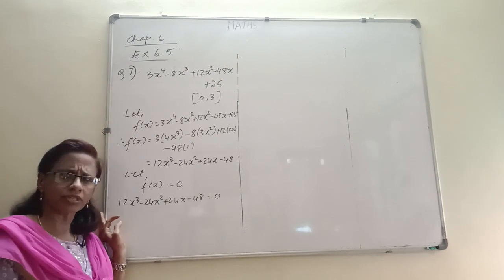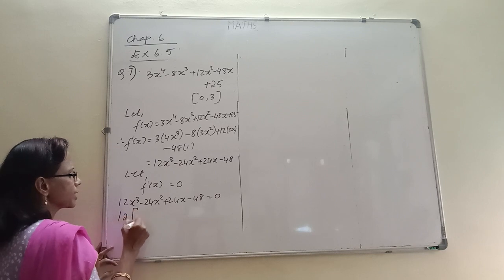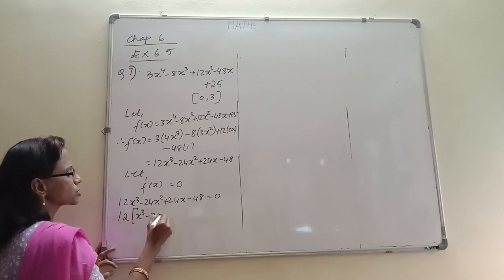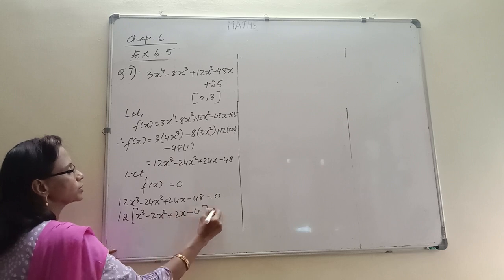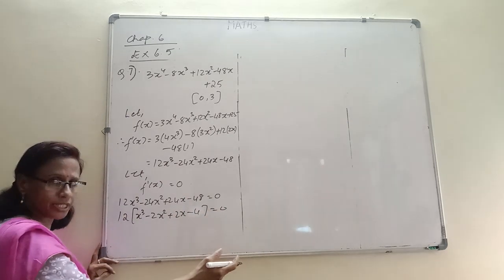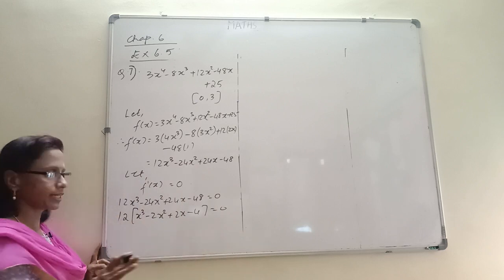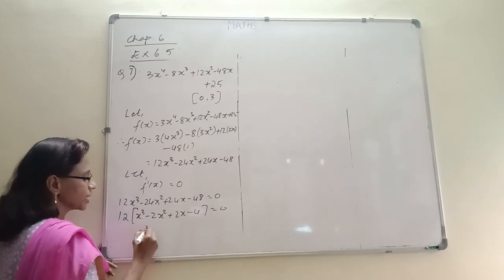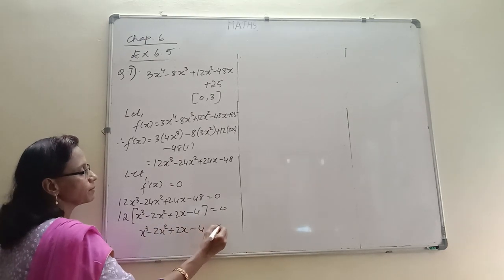If we carefully observe, there's a 12 common, so let's take that 12 out. So it's x cubed minus 2x squared plus 2x minus 4 equal to 0. The 12 goes to the other side, becoming division, and finally gets eliminated. So you are left with x cubed minus 2x squared plus 2x minus 4.